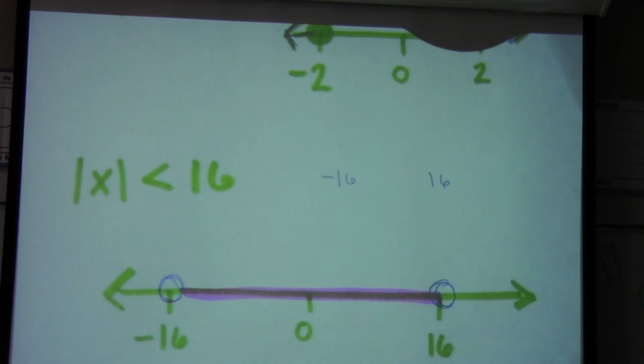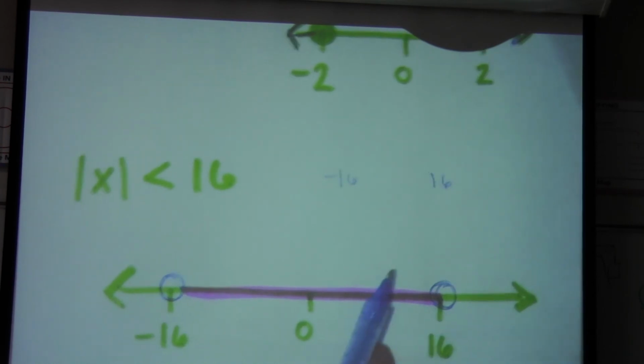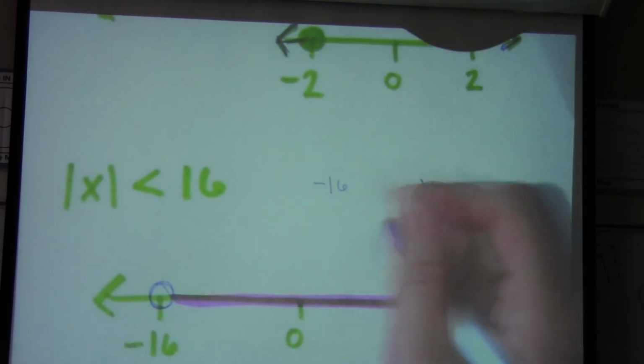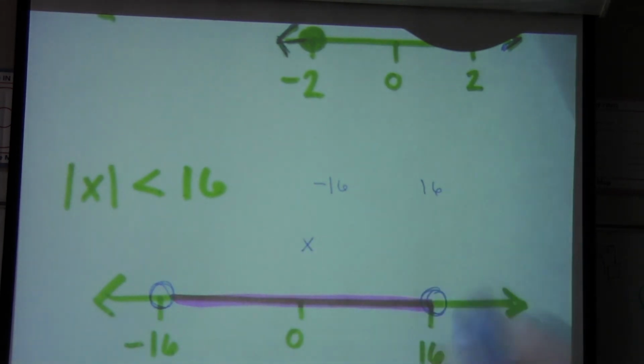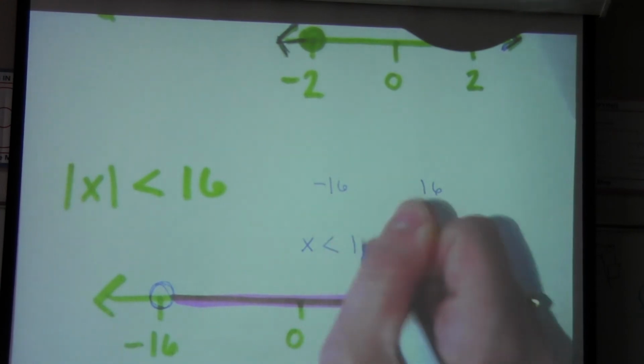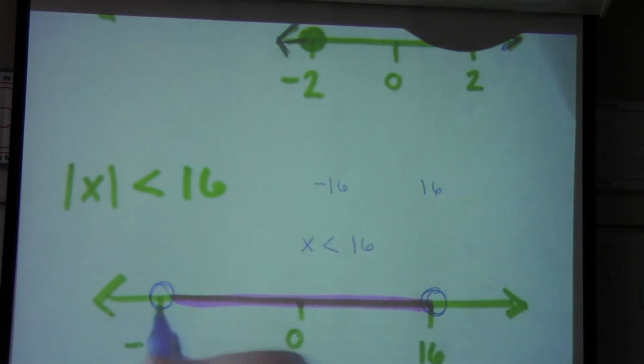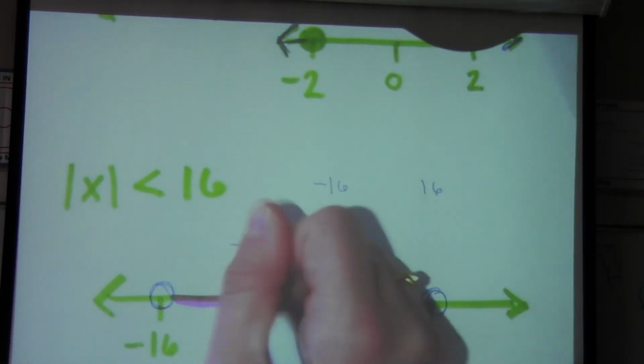The only thing I didn't do was say how can I write this? If they're going in, x is in the middle, and we have x is less than 16 but bigger than negative 16.